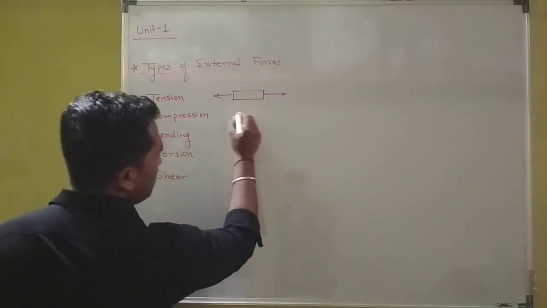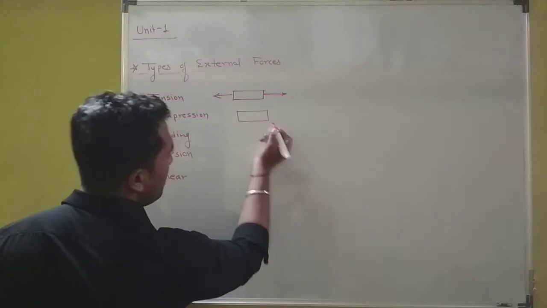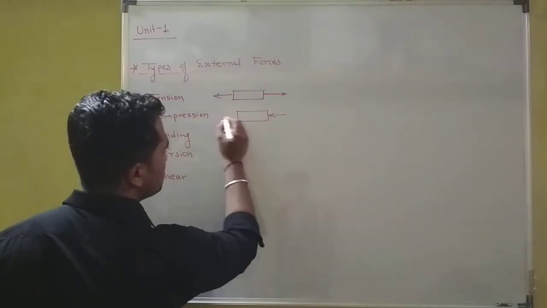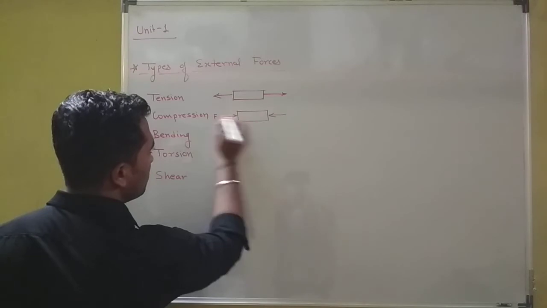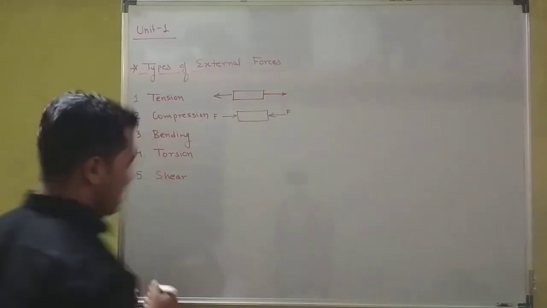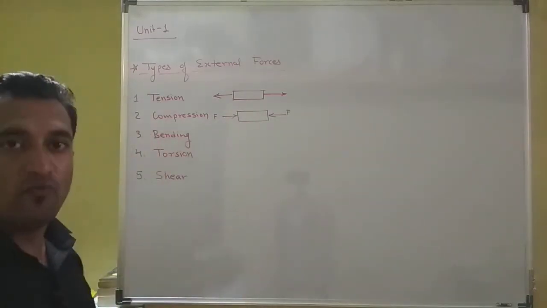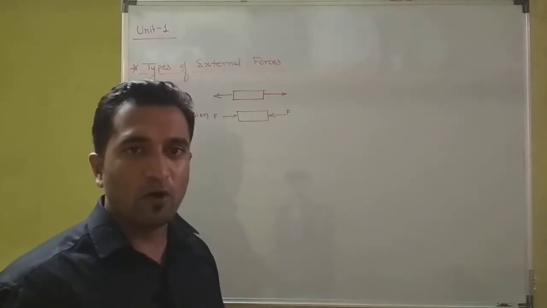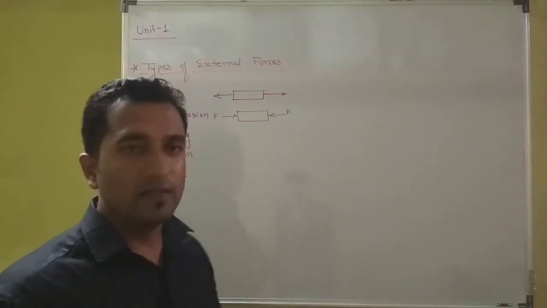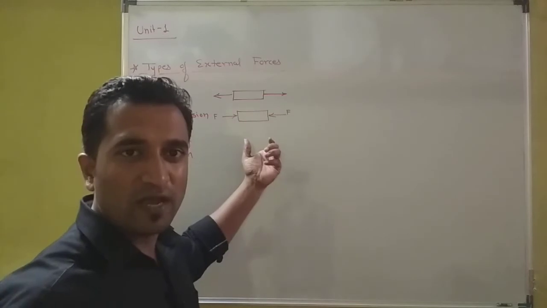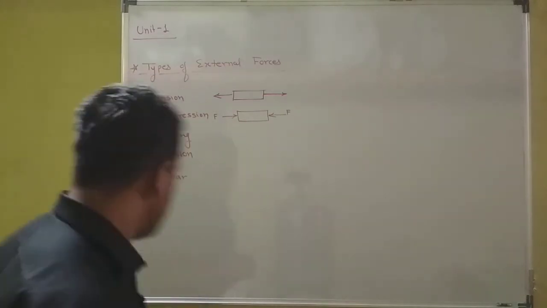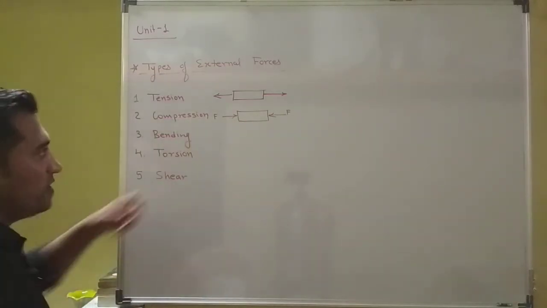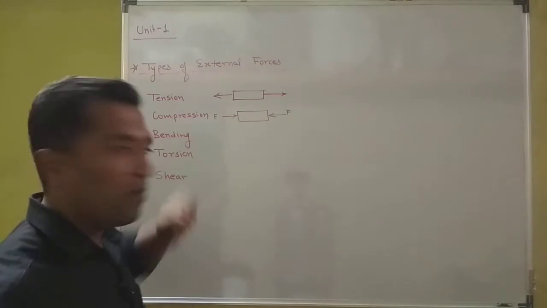Now we will consider one more body and we are applying force like this. Now what we are doing here? We are pressing that body. Whenever we are pressing that body, then what will happen? The shape or size of that body will get reduced, and we can call it that body is subjected to compression.